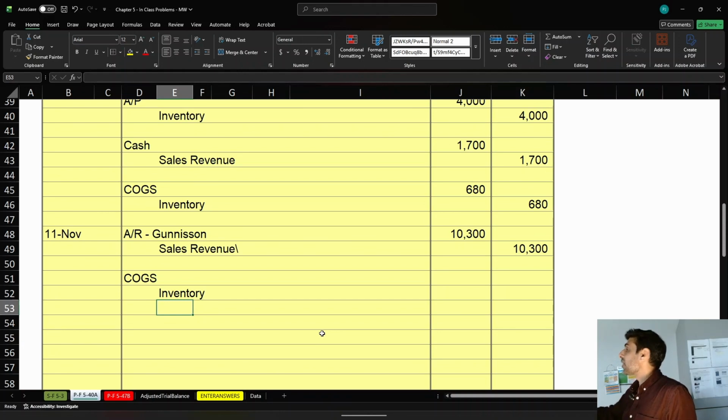So again, cost of goods sold is converting an asset into an expense, because you can think about it in a couple ways. You had to pay for that inventory that you sold, so you're recording how much you paid for it. Or you can think about it as, you no longer have inventory, right? It's gone. So you have to reduce that asset.